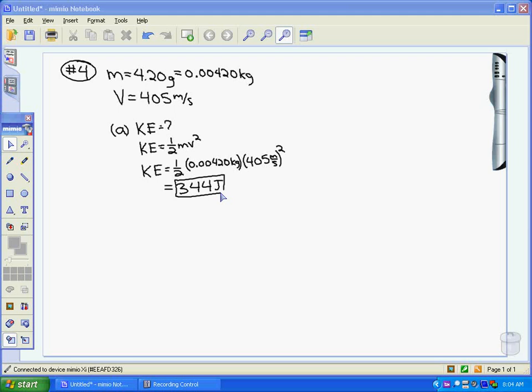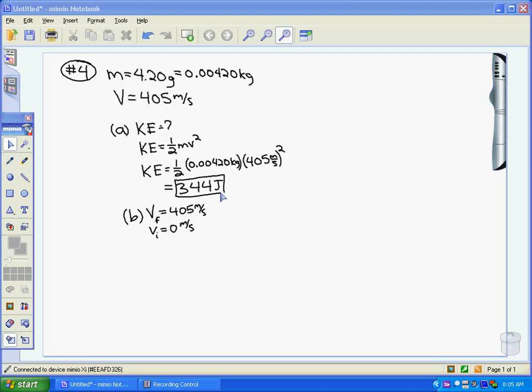Now part B of this problem asks, what is the work done on the bullet if it started from rest? So the final velocity of the bullet would be the 405 meters per second. The initial velocity of the bullet is going to be 0 meters per second since it started from rest.